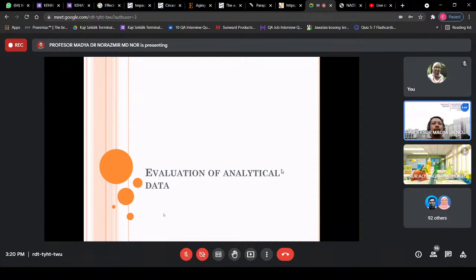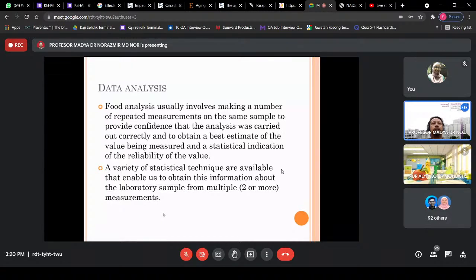Okay. Then we go to the evaluation of the analytical data. So after all have taken place with the correct precaution measure, then we conduct the data analysis.